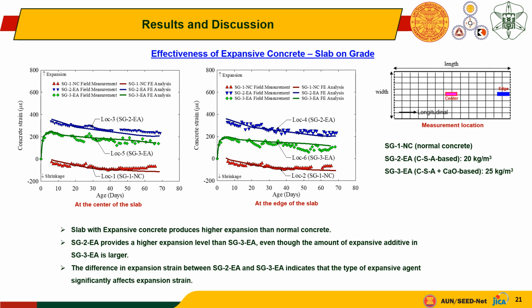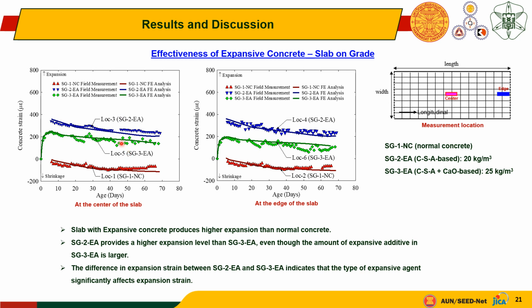This is an example of the comparison between finite element analysis and actual structure investigation. Here for slab on grade, we measure at the center of the slab and also at the edge of the slab. Here we have three slabs. SG1 is normal concrete, and then we have SG2 and SG3. SG2 and SG3 are expansive concrete, but we use different amounts of EA.